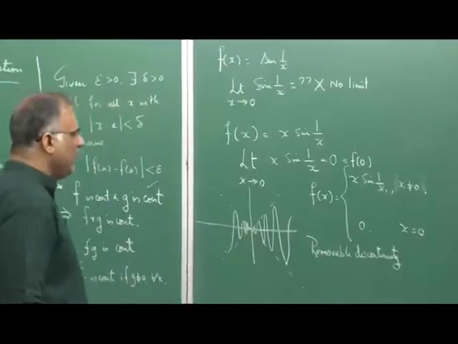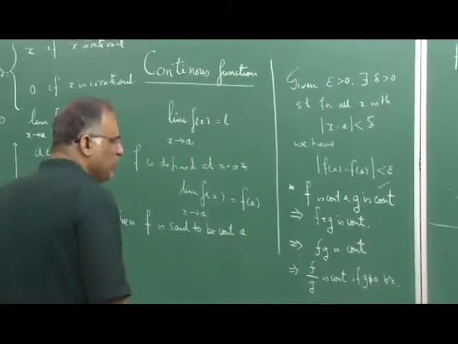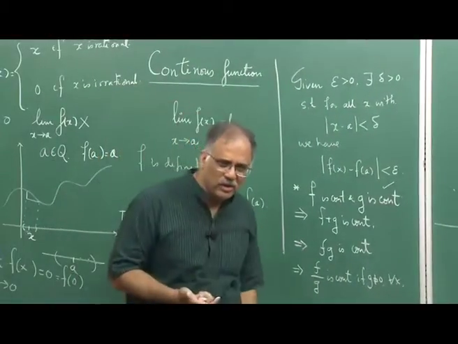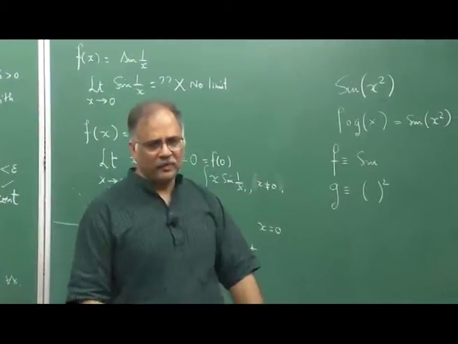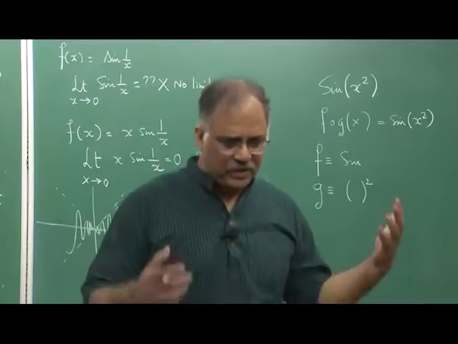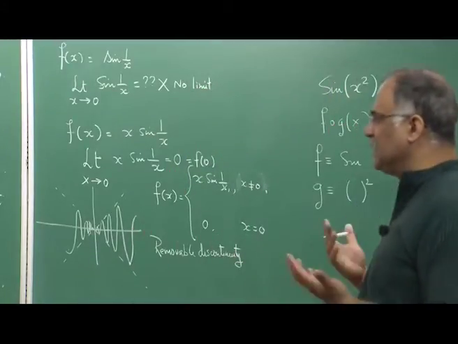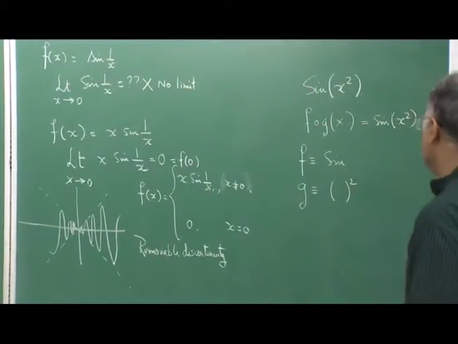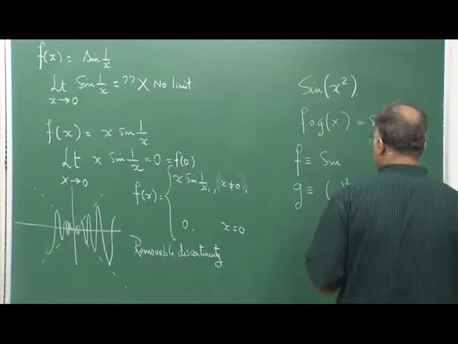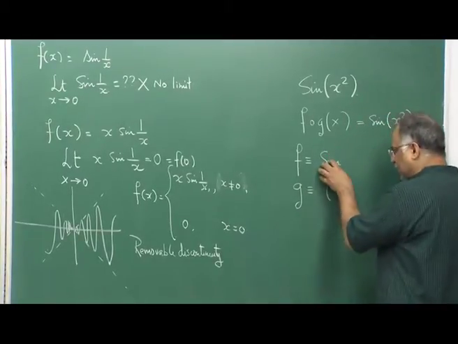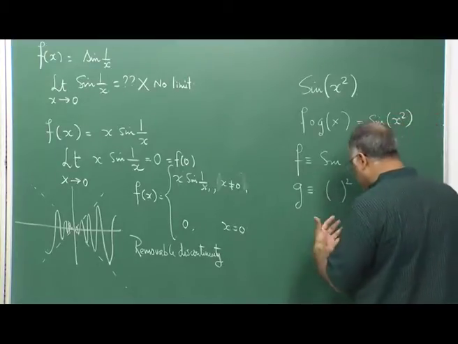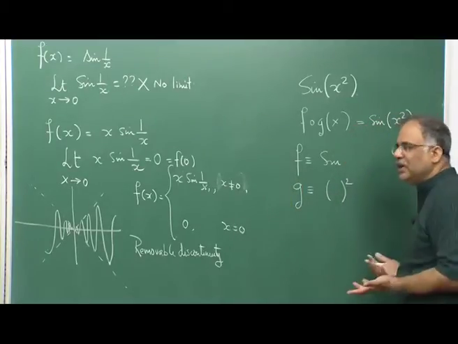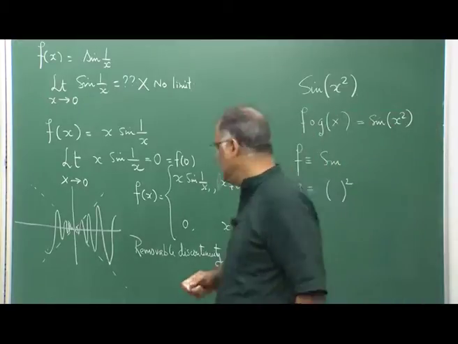Individually sine is a continuous function and individually the square function is a continuous function. They are continuous, but if I compose them, will they remain continuous?